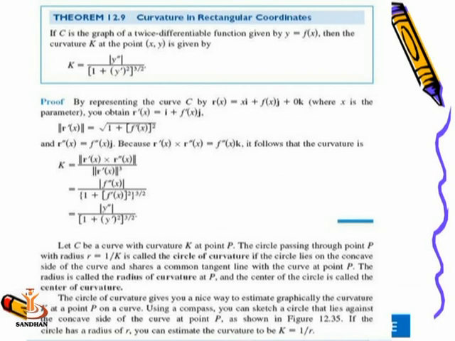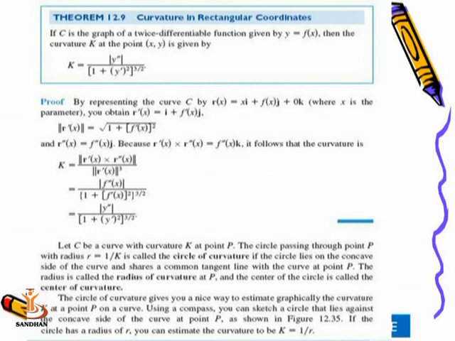We have another formula, in x and y format. We already saw that y is a function of x. Another formula of the curvature is y double dash upon 1 plus y dash square whole raised to 3 by 2.